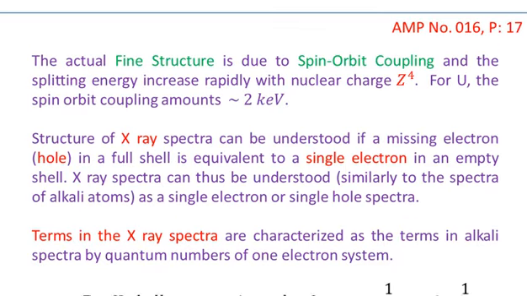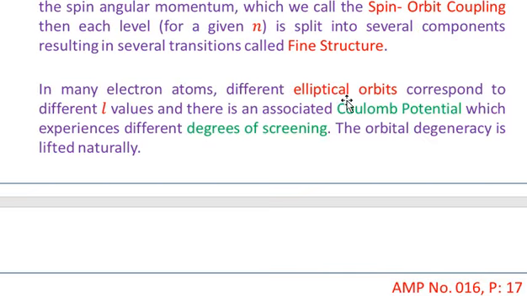So you see that for the elliptical orbits, the energy of an electron, besides the principal quantum number n, also depends upon the orbital quantum number L. This L is associated with the Coulomb potential, because of the different degrees of screening faced by the electrons.